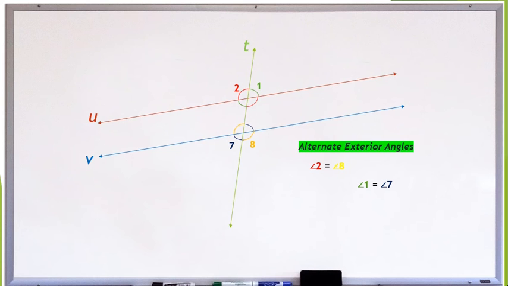But the pairs of angles that are equal in measure are angles 2 and 8, and for the second pair, angles 1 and 7. Again, for each pair, there is a third angle that serves as a connection and proof of their equality.